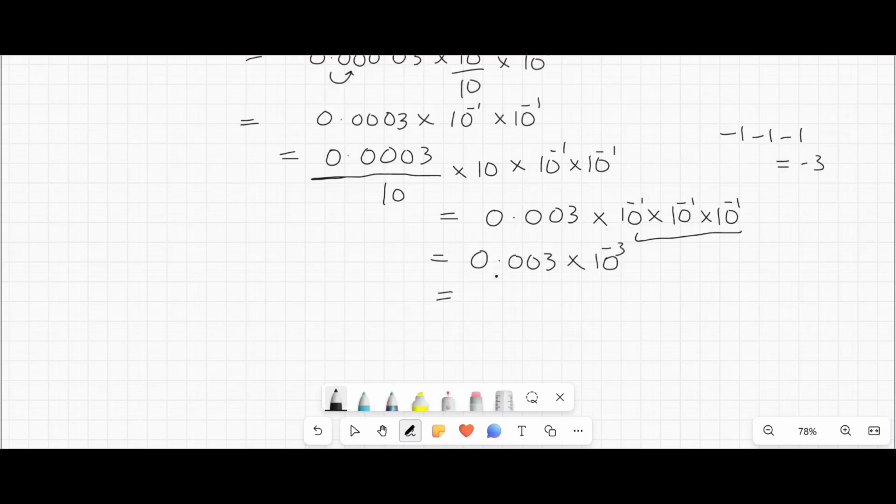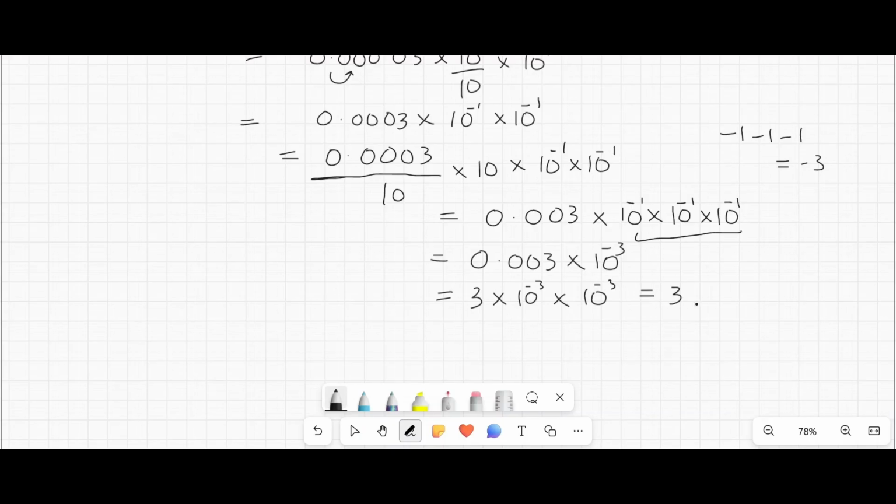When we move the decimal 3 places towards the right side, we will get 10 raised to minus 3.